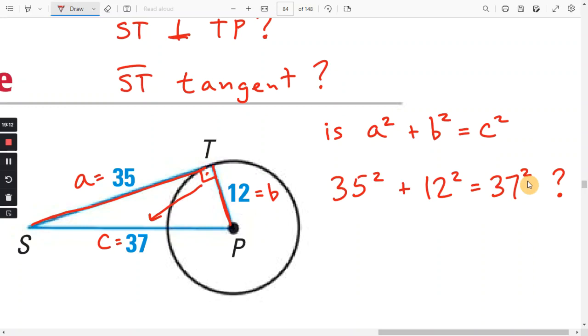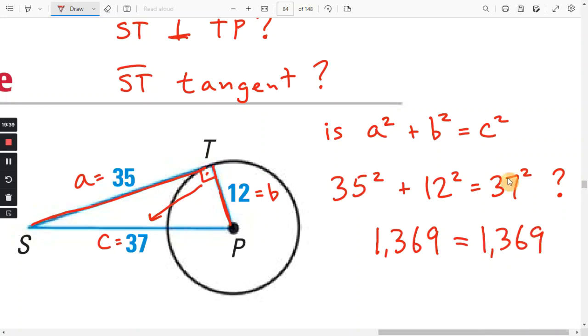And I'm going to try to prove that on the calculator. I'll just do it all in one shot. 35 squared plus 12 squared equals 1,369. And on the other side, 37 squared definitely equals 1,369.